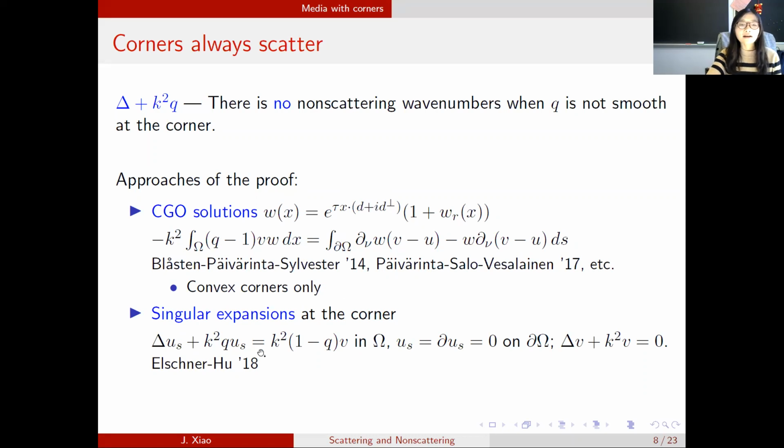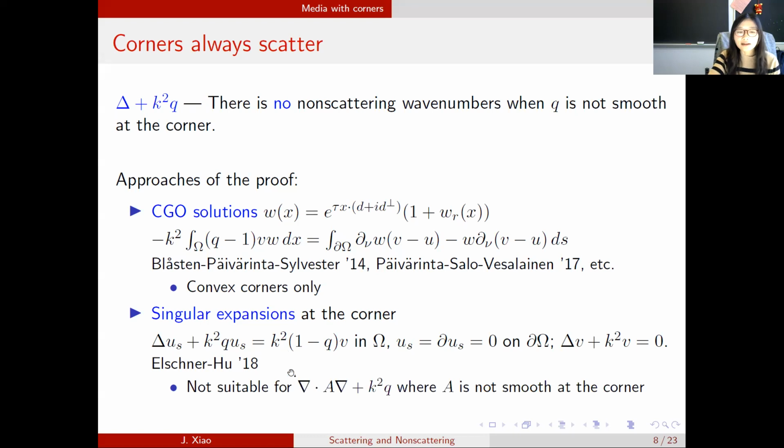However, for the second approach, there is also a small problem. If we want to consider the Laplace operator in divergence form, when A is smooth across the corner, we can still make transformations. Say if A is isotropic, we can take the square root of A times the solution, and we can still bring this A term to the lower order term.